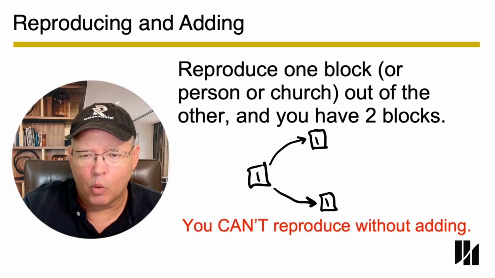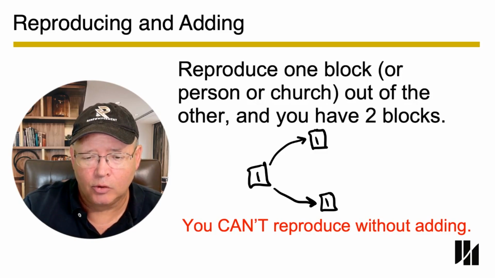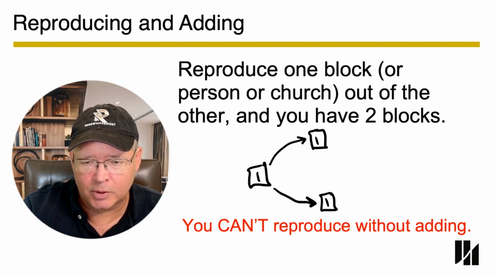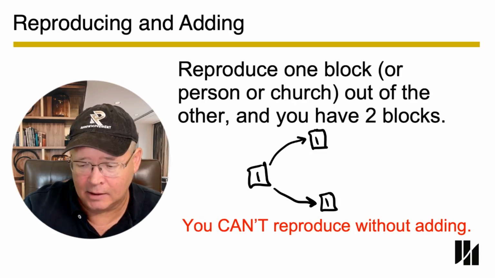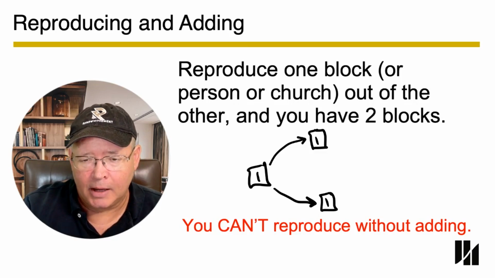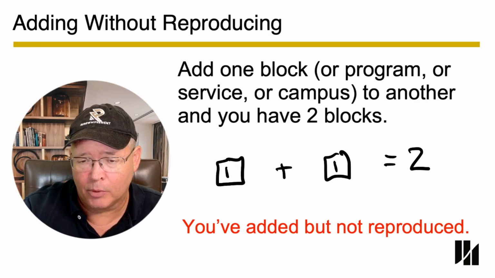When we see 1 becoming 2, we see reproduction when it's growing out of 1 rather than putting with it. And so in this case, if you look again at the principle we said earlier, it's physically impossible to reproduce without adding. But I can come back to the previous one. It is possible to add, but I did it without reproducing.